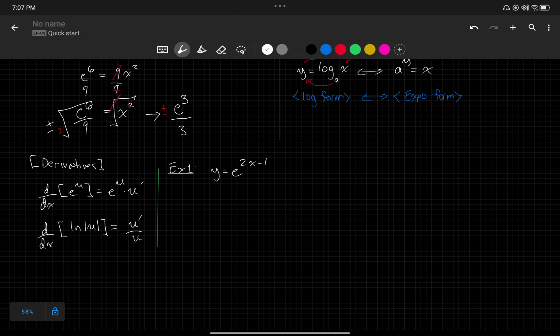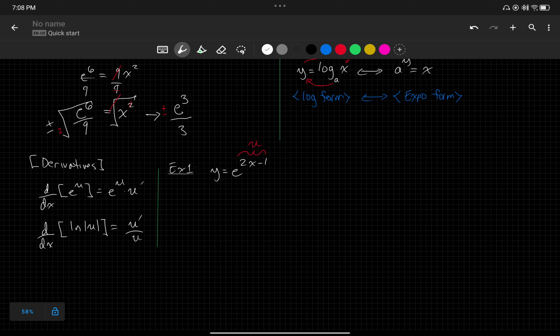All right, so for the most part, these are going to be pretty straightforward. So we're going to take the derivative, which means, because we're going to have to use the chain rule, u is going to be this guy right here. So this guy right there, that's going to be u.